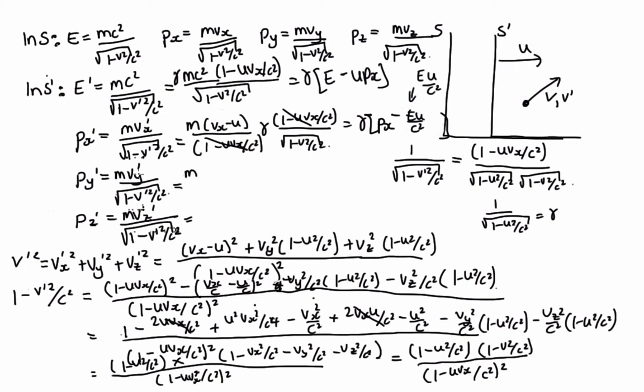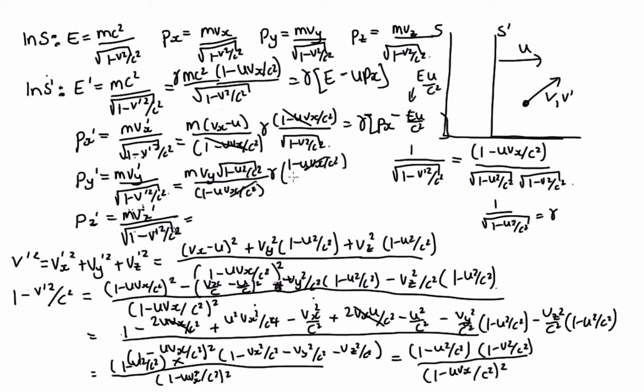We've got the m. The vy prime we know is equal to vy times the square root of 1 minus u squared on c squared over 1 minus u vx on c squared. And then we've got our gamma times 1 minus u vx on c squared, which will cancel with this one.